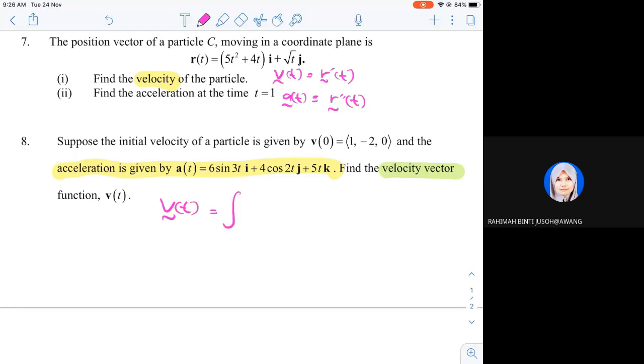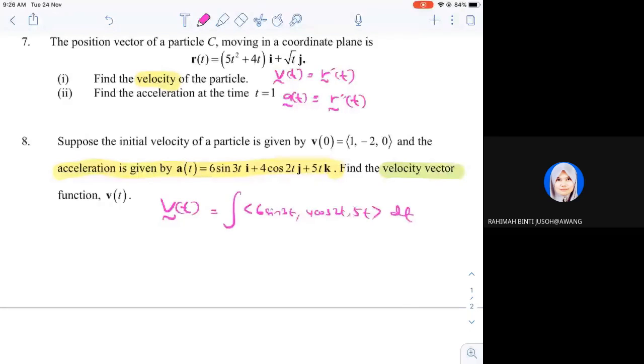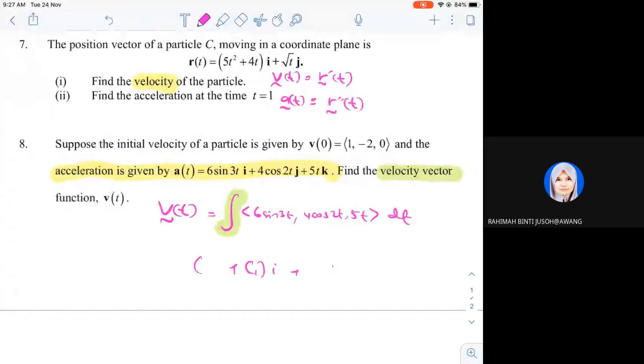You have to integrate 6 sine 3t, 4 cos 2t, 5t. You have to integrate this. And then after that, since there are no limits here, no limits inside this, so of course your answer would be plus C1 i plus C2 j plus C3 k. So you have to find C1, C2, C3 by comparing with the given v(0) above.